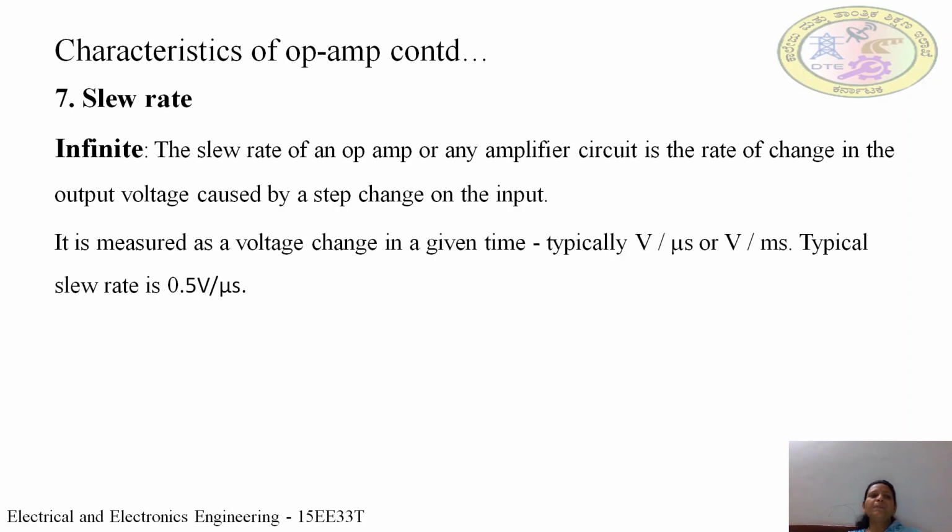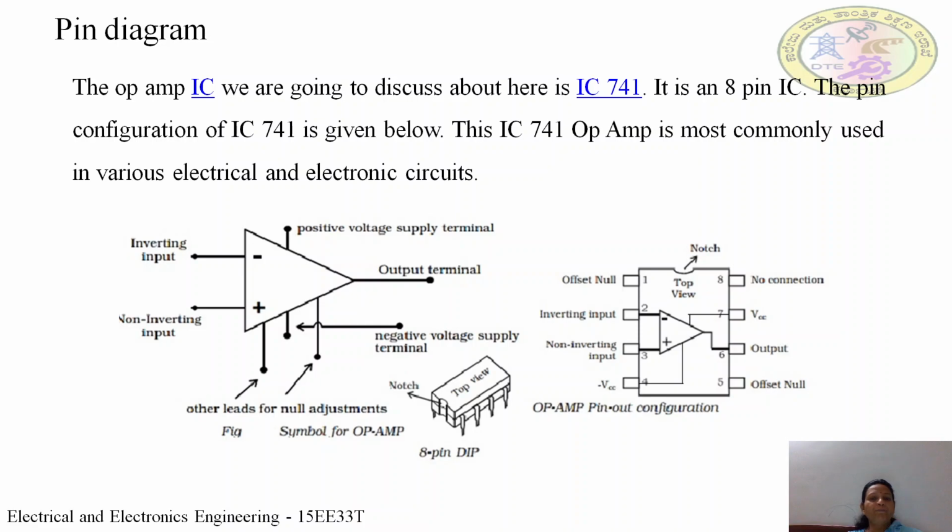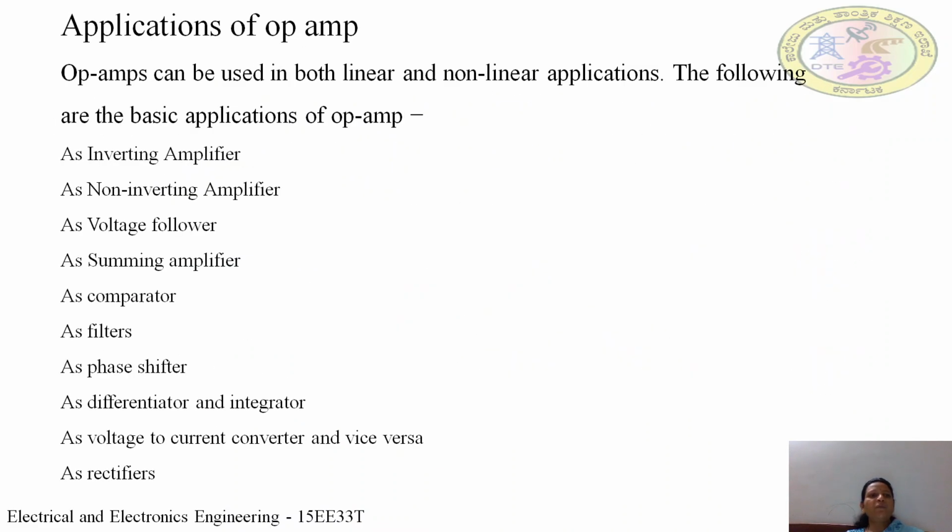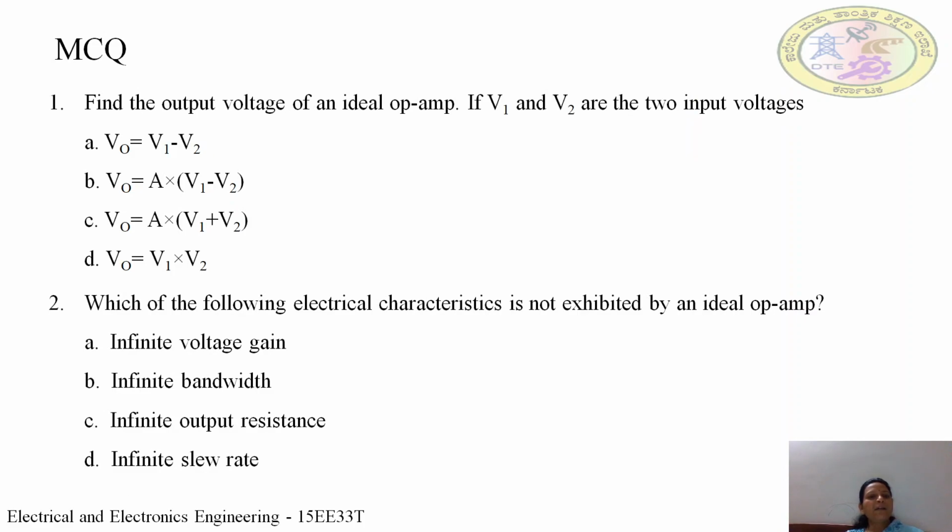These are the 7 basic characteristics of operational amplifiers. We also discussed the pin diagram of the IC 741 operational amplifier and the applications of operational amplifiers. To summarize the session, let me pose a few multiple-choice questions.